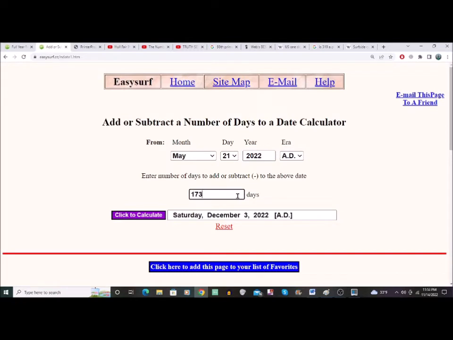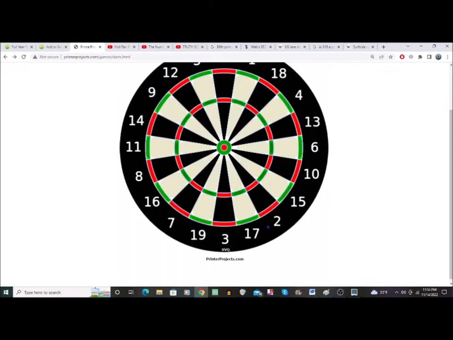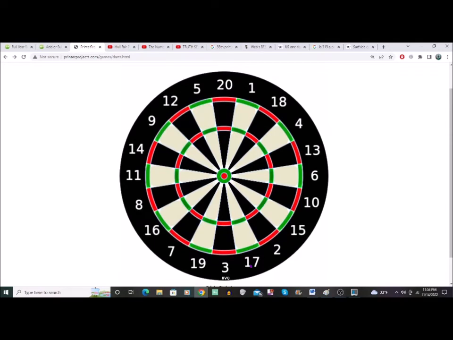So 173, which was at the bottom of the dartboard. In fact, I might as well chuck that in here now while we're at it. This is our 173. Yeah, 172. And then 173 brings us to this point right at the bottom, opposite the 20. So we've got the 2 and the 3 aligning here, the 2 converted into the Holy Trinity.